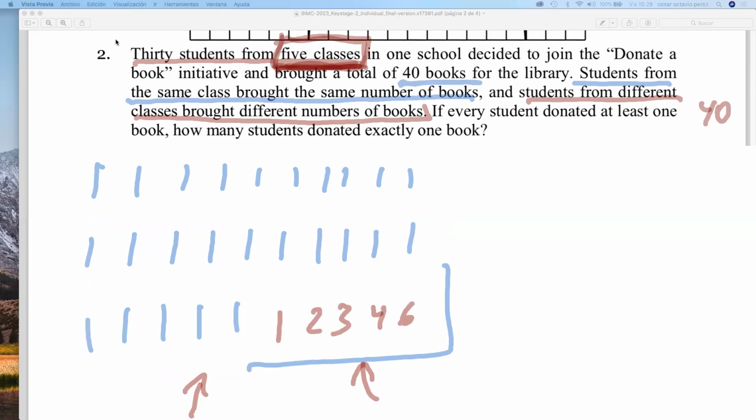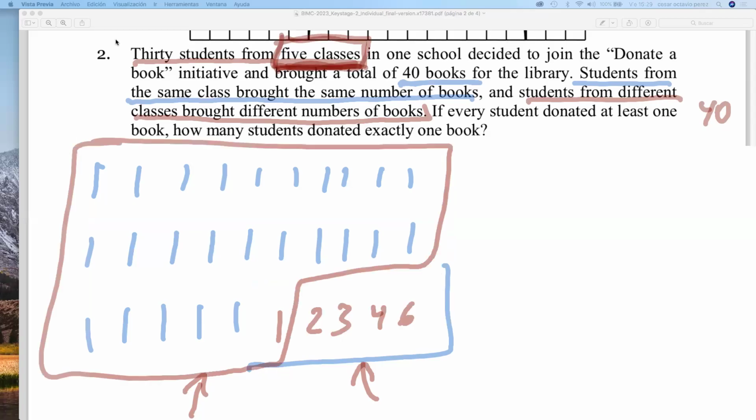All those students are in the same class. Only 1 student from the second class. Only 1 student from the third class. 4 students from the fourth class and 5 for the next class. We have students from 5 different classes here.